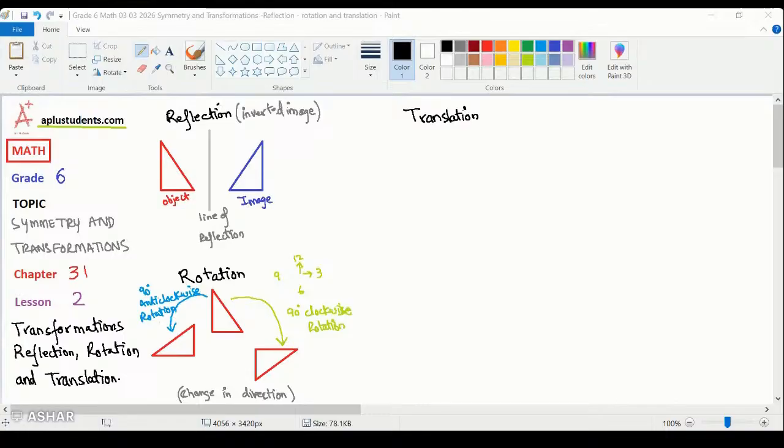In translation, let's suppose you're sitting in the front of the class, and you move from your place and go sit at any other seat in the class, right? So you will still be you. You will not change. So in translation, we do the change in position.